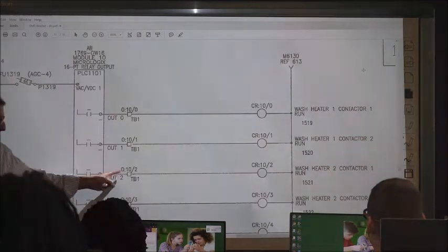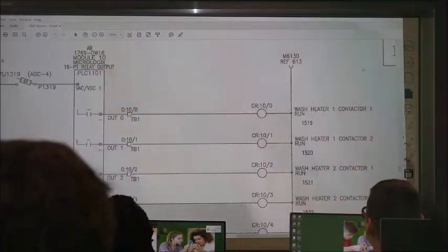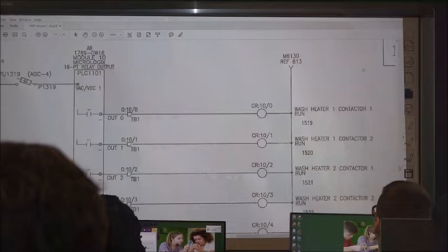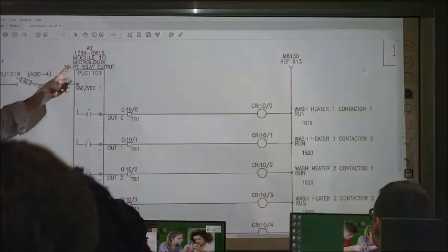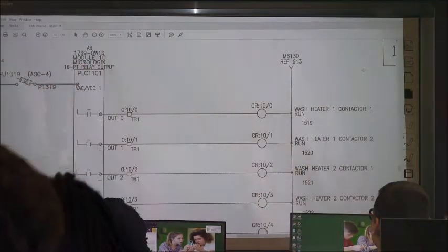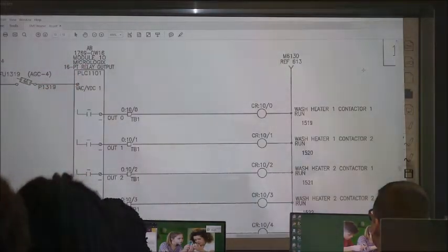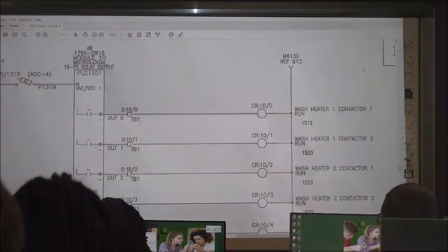What's this tell us? Output. PLC output. See what kind of module that is? 16-point relay output. So yeah, it's being energized by the PLC.